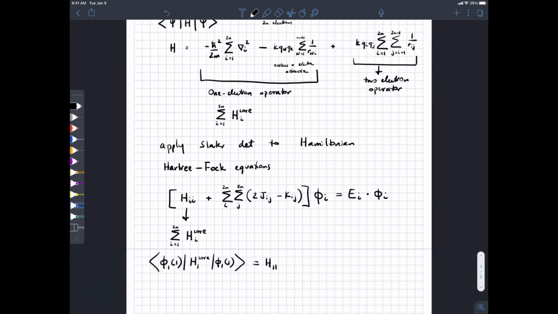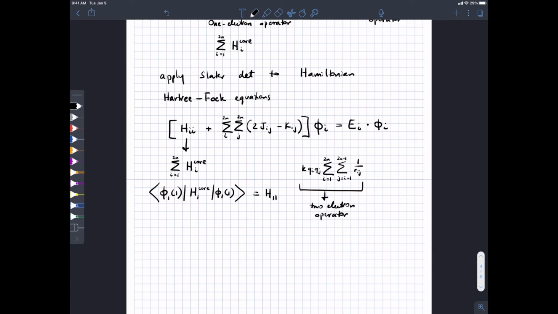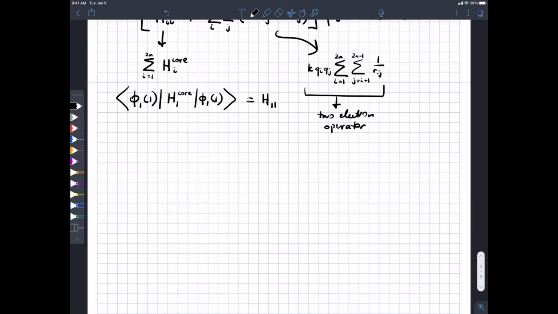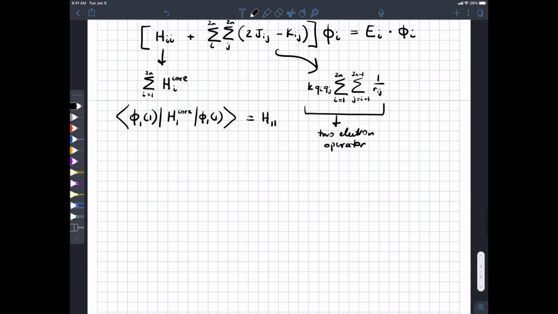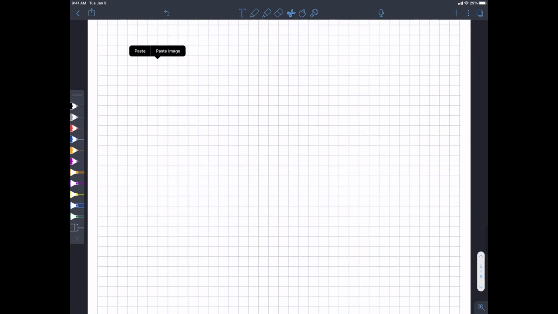J and K derive from this two-electron operator here. And to deal with this, we need to go back to thinking of the wave function in terms of a determinant. All right? So let's copy what we said here for our wave function for a molecule that only has 2 electrons, right?